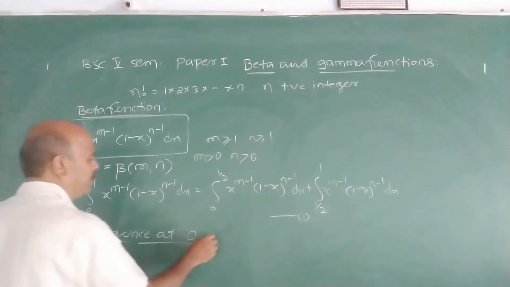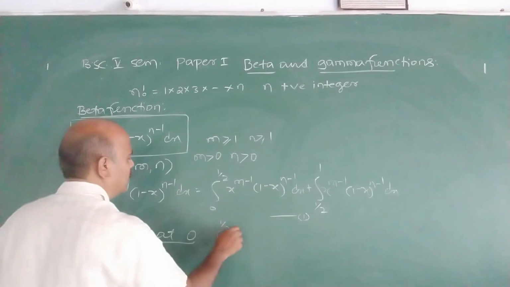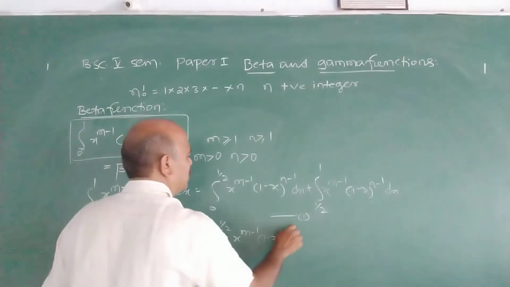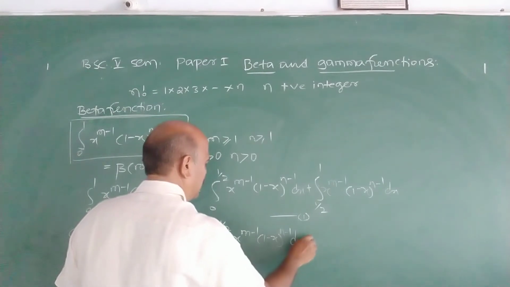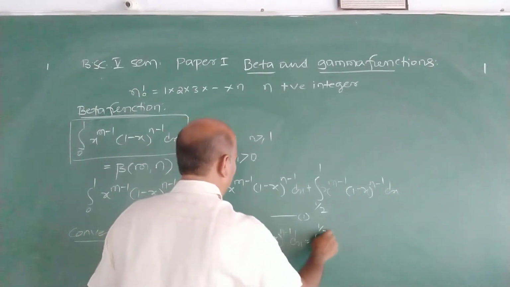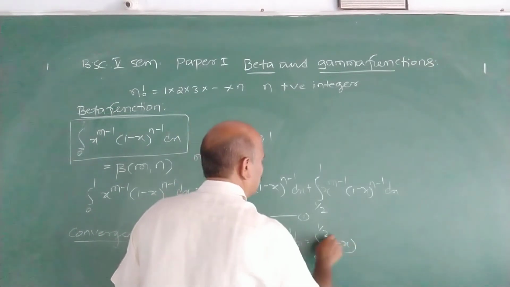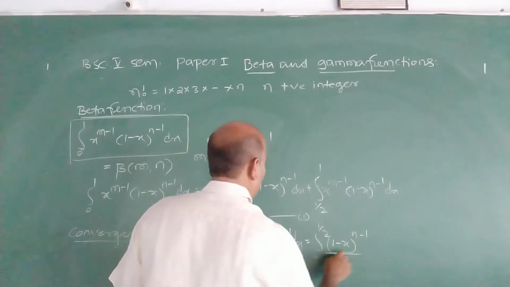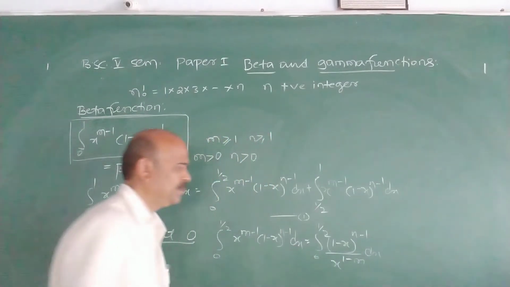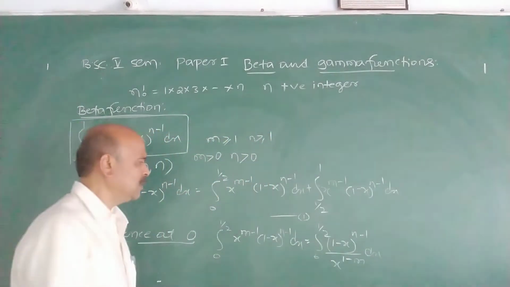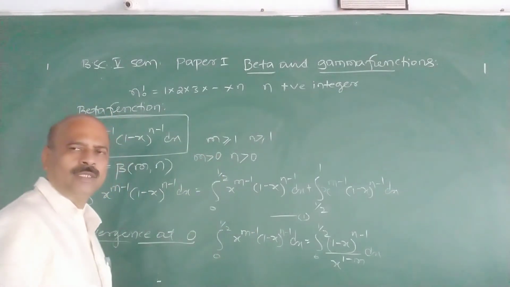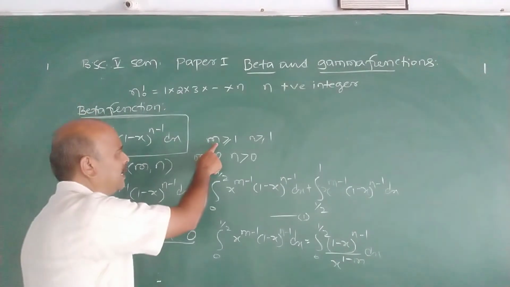First we consider convergence at 0. We write the integral from 0 to half of x raised to m minus 1 times 1 minus x raised to n minus 1 dx as the integral from 0 to half of 1 minus x raised to n minus 1 upon x raised to 1 minus m dx. When m is greater than or equal to 1 it is proper; the problem is when m is less than 1.